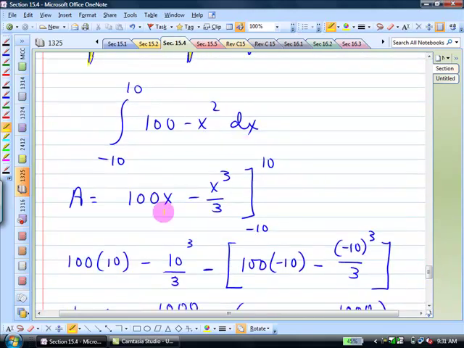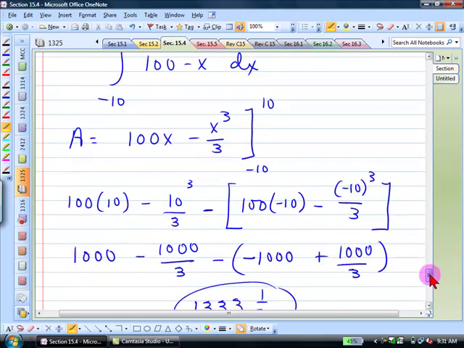When you integrate, you get 100x minus x cubed over 3. You need to evaluate it at 10 and -10. So I'm plugging in +10, -10 there.